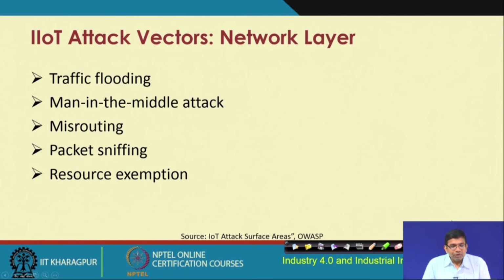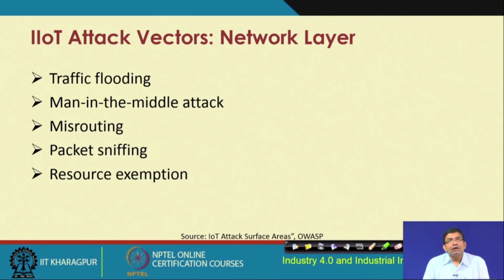At the network layer, we are talking about traffic flooding and man in the middle attack. Man in the middle attack means that within the channel an entity gets in and sniffs the packets that are passing through that particular channel. Then misrouting: the data are supposed to be sent through some legitimate route, but they are sent through some other route through which they are not supposed to be sent originally.